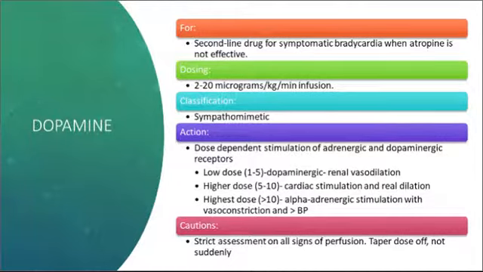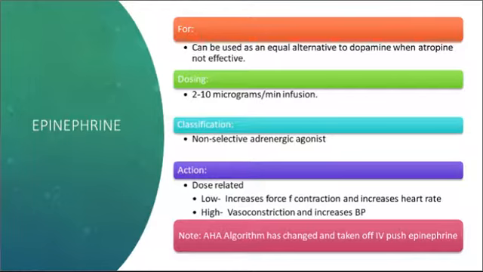Epinephrine can be used as an equal or alternative to dopamine when your atropine is not effective. It's also given in a continuous infusion. Sometimes it's given as an injection, but it's always given intravenously.